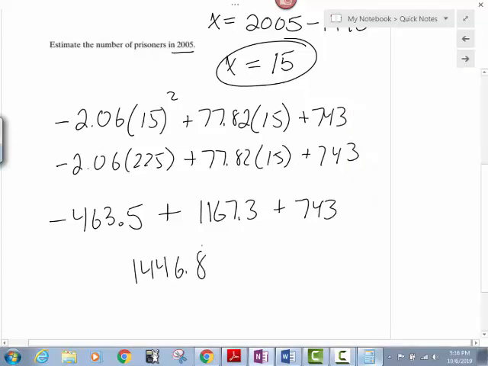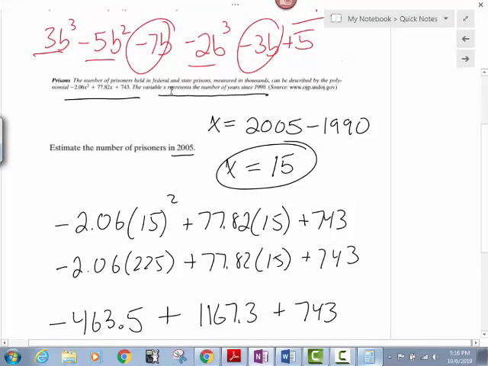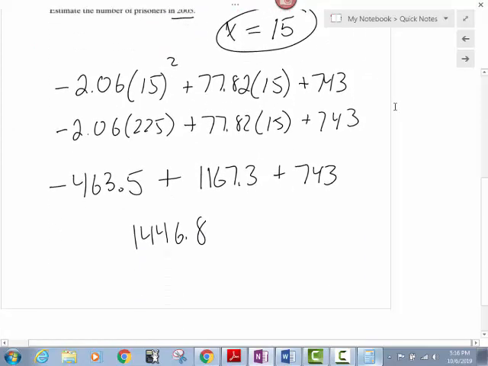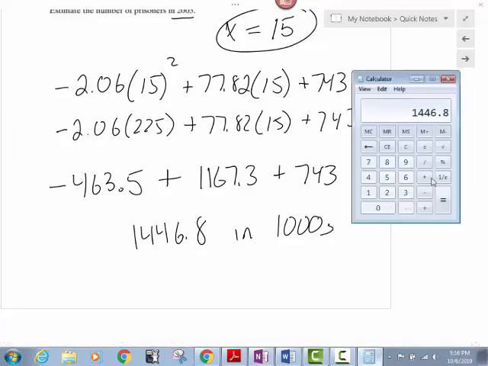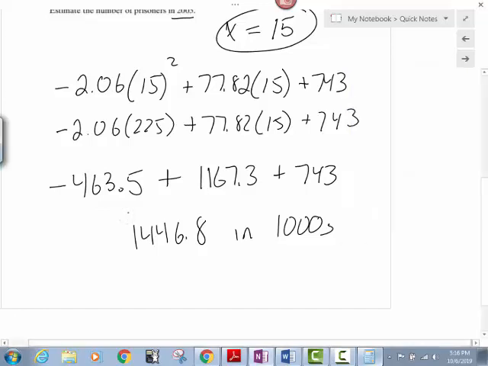1446.8, okay? And so let me make sure I'm answering the question. It says the number of prisoners measured in thousands, okay? So this is in thousands, right? If we wanted to figure out the actual number, guys, we can multiply this number by 1,000. For your homework, you're going to enter in this number, though, because it would be in thousands.